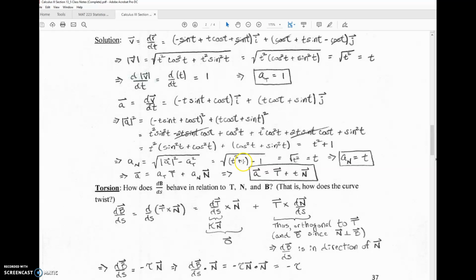So t squared plus 1 minus 1 is just the square root of t squared, which is t, again, because t is positive. So the normal scalar component of acceleration, a sub capital N, is t. My acceleration, written as the tangential scalar component times the unit tangent vector plus the normal scalar component times the unit normal vector, is just going to be 1 times the unit tangent plus t times the unit normal, and that's it right there.